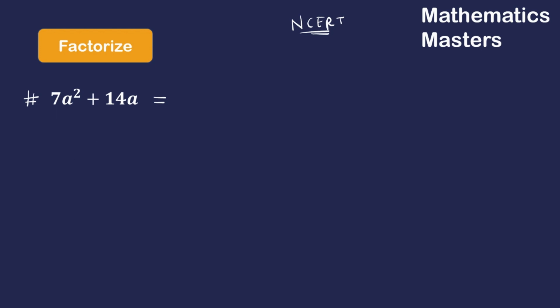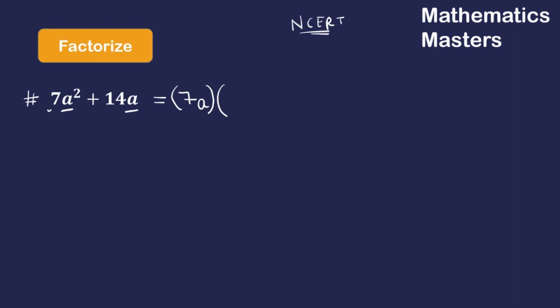First we'll check the numbers only: the highest number which can divide both 7 and 14 is 7. After that, we'll check the variables, that means the letters. Over here we have a square and over here we have a. The highest variable which can divide both a square and a is a.